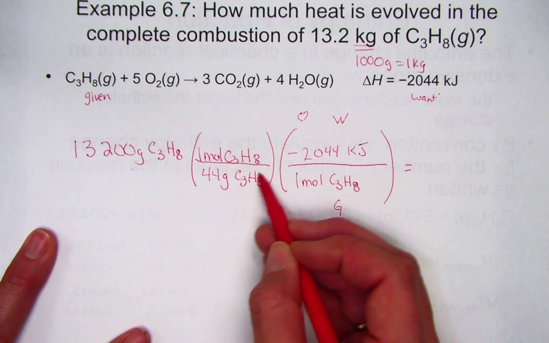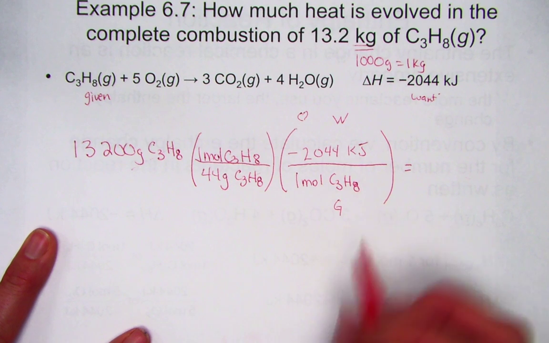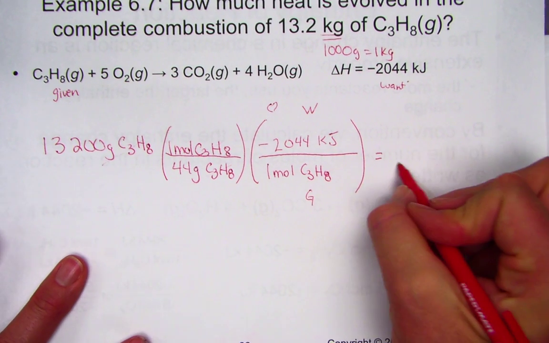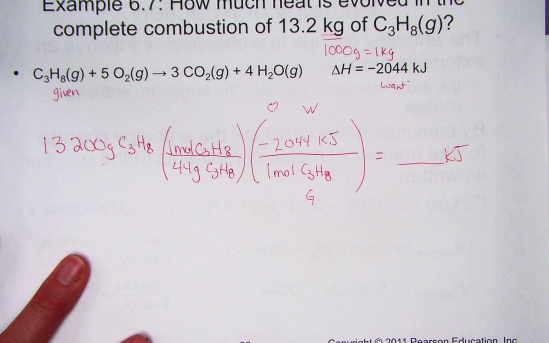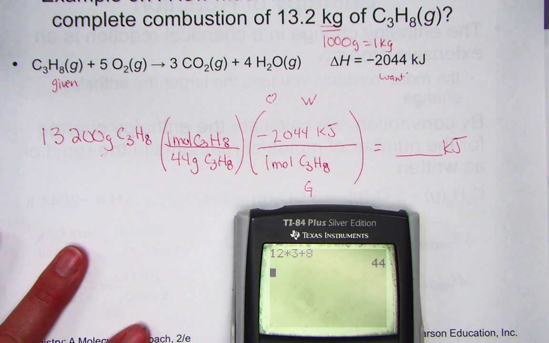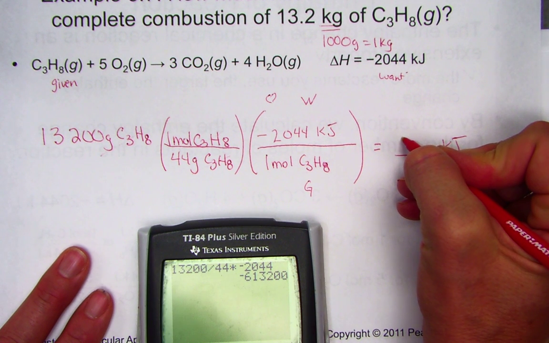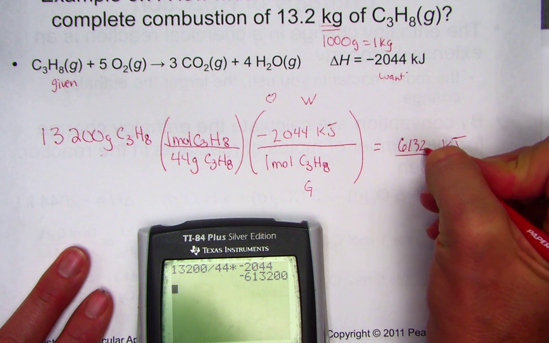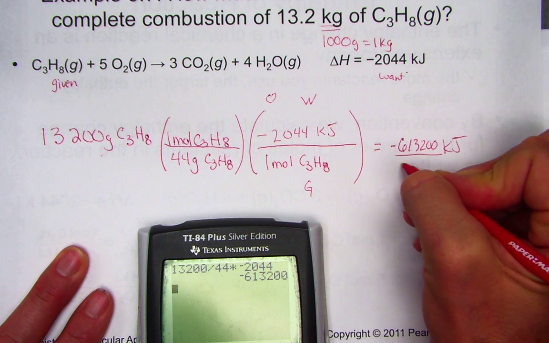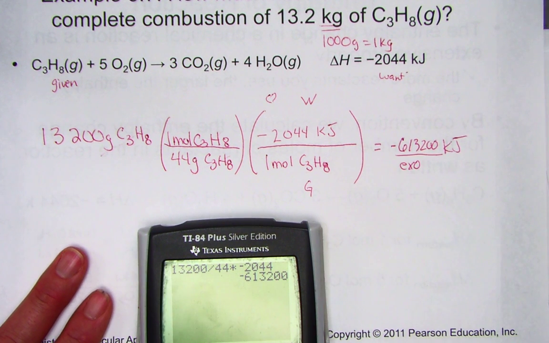We've canceled the grams, we've canceled the mole unit, and we're left with our target, the kilojoules of heat. And let's hit that together and see if we get a common answer. Starting with 13,200 grams, divide by 44, and multiply by negative 2044, and we find a value of 613,200, and the negative sign lets you know, we know it's exothermic.